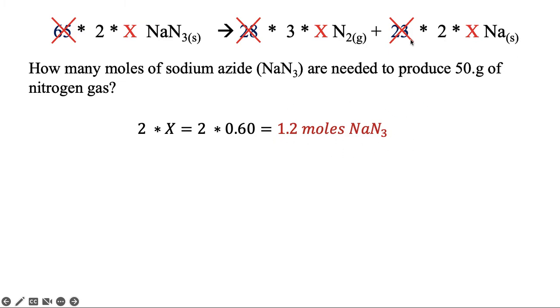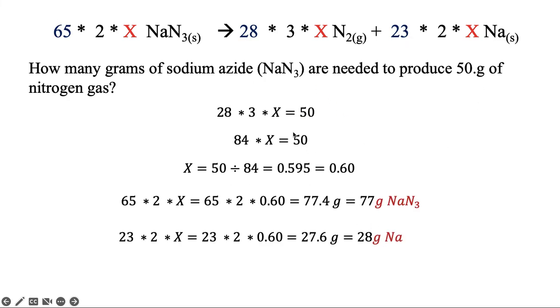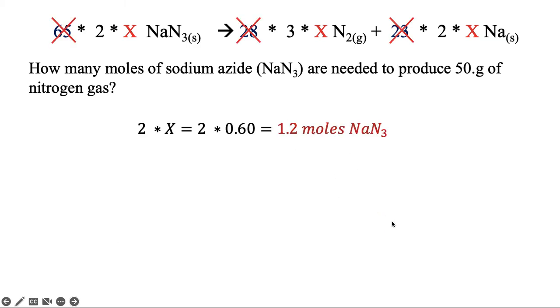I can do the same with sodium. It's 2 times X, so 2 times 0.6 would still give me the same amount of moles of sodium. So it will be 1.2 moles of sodium as well. But I can use this magic number to calculate amounts in grams like I did here, or amounts of moles like I did here.